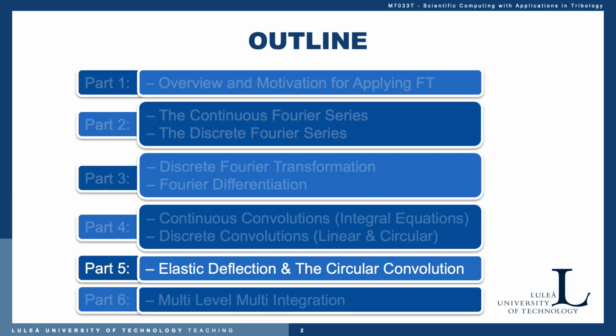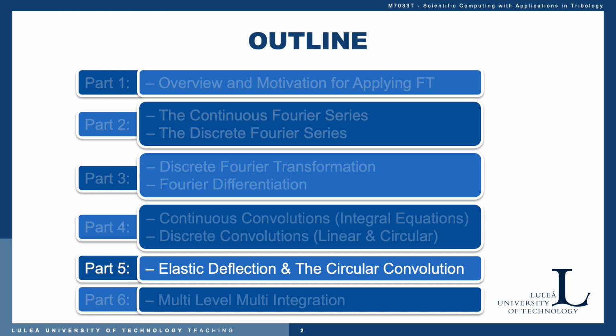This part starts with a recap of the elastic deflection, the definition of this one, and then we will look in particular into the exact operations involved in evaluating it in discrete form.